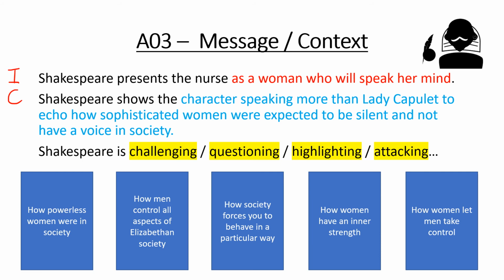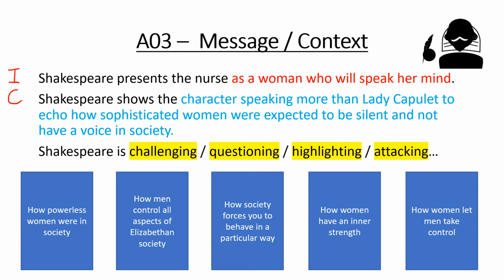Now you don't need to know a lot about Elizabethan England. You kind of know quite a bit of it because you've read the play. The play has got all the stuff that you need to know about Elizabethan England. But what you can do is talk about the ideas. So this idea, Shakespeare is highlighting how powerless women were in society.